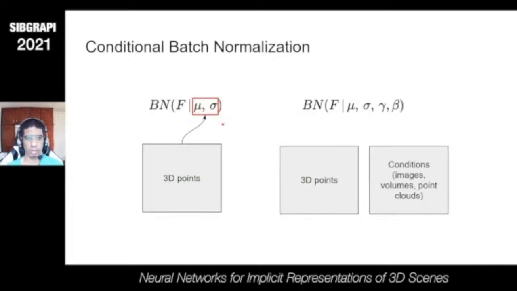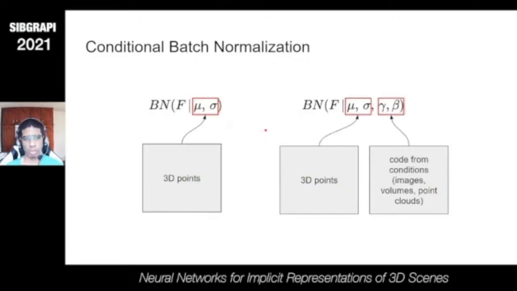And then you can normalize your input and minimize this problem. In conditional batch normalization, we will have additional parameters, which are the parameters that are used for conditioning. In this case, they are gamma and beta, and they are dependent on the code that was generated by our conditioning inputs, the images, volumes, or point clouds.